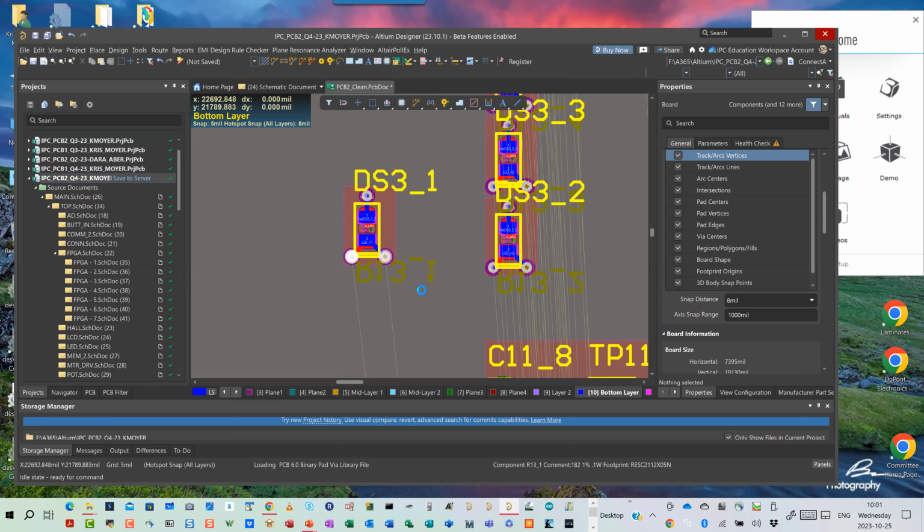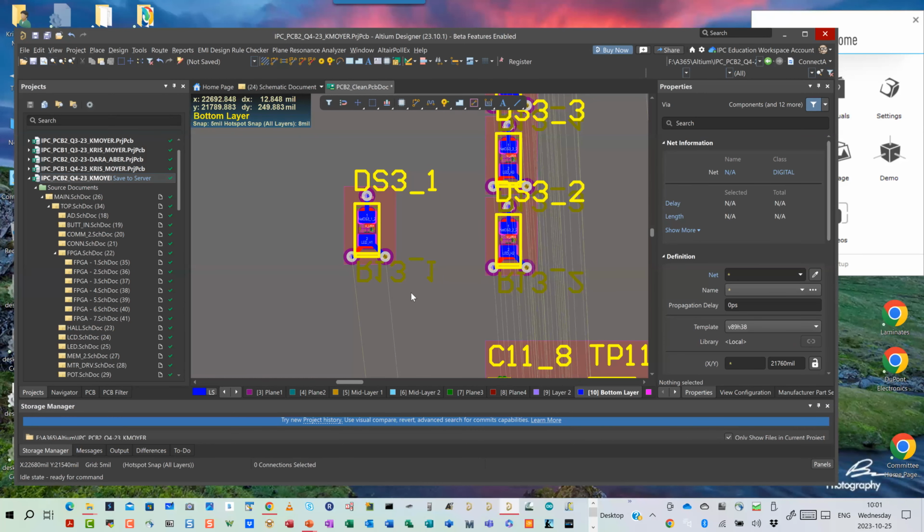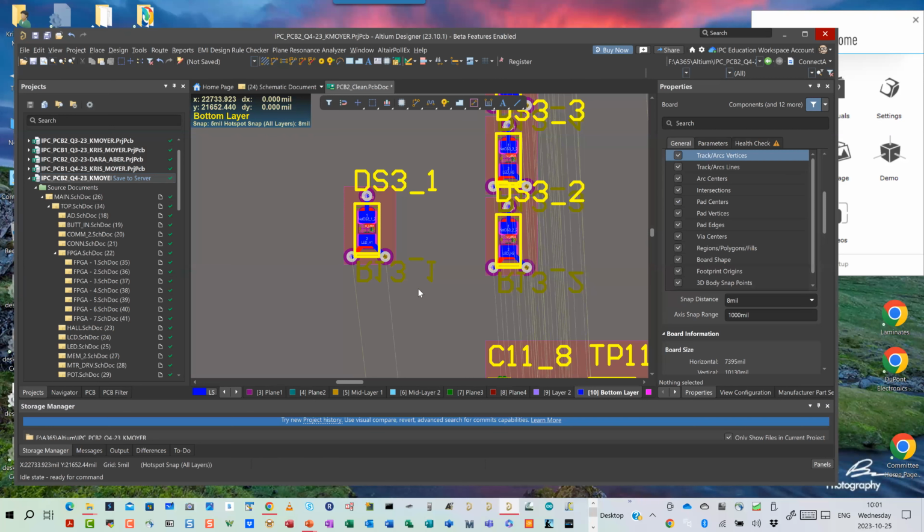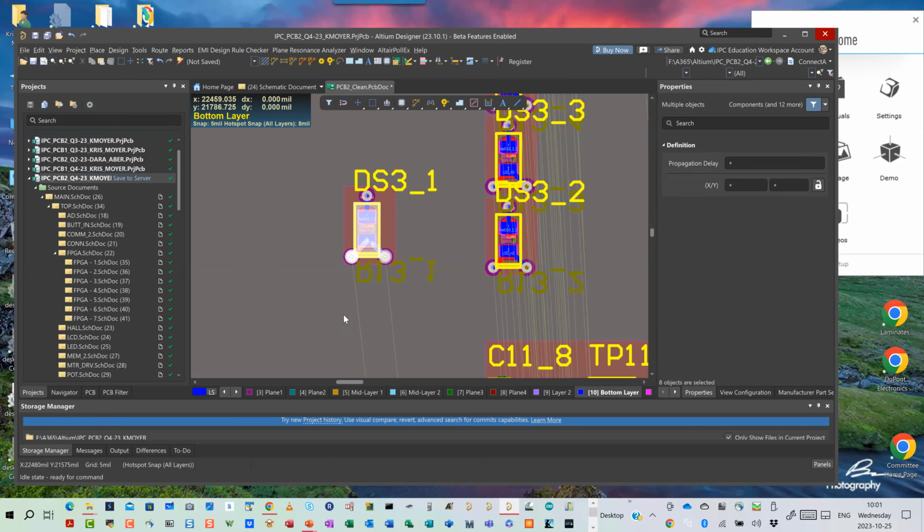If I go the other way, however, with a green box, not only am I going to select the traces, I'm also going to select both components, and I've selected everything. Now, I show you that because throughout the duration of this course, I'm going to constantly be saying blue box select or green box select, so I want you to know what I'm talking about.